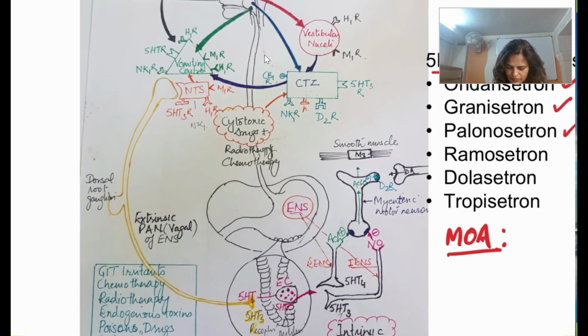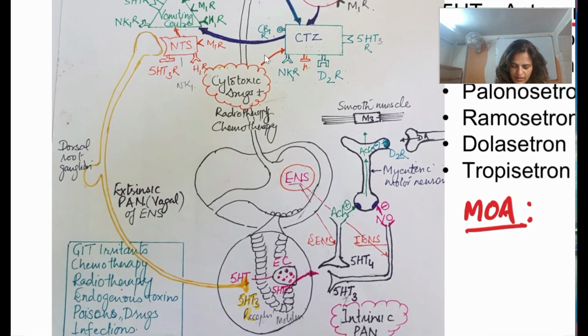I have already explained that whenever there is any GIT irritant, chemotherapy, radiotherapy, endogenous toxin, poison, drug or infection, it causes a release of 5-HT3 from the enterochromaffin cells of the GIT mucosa.